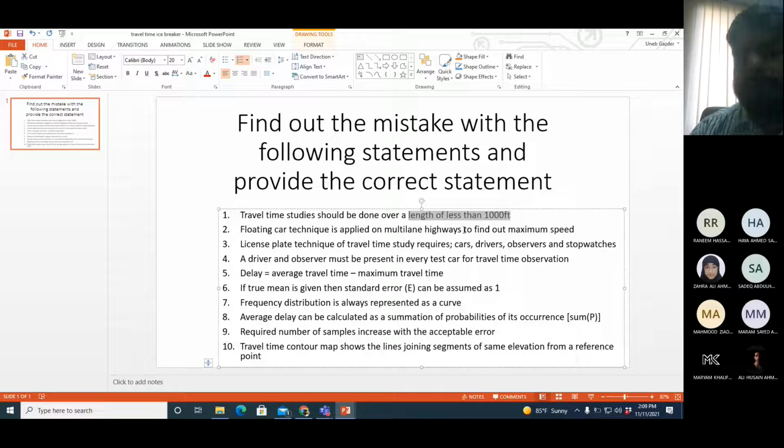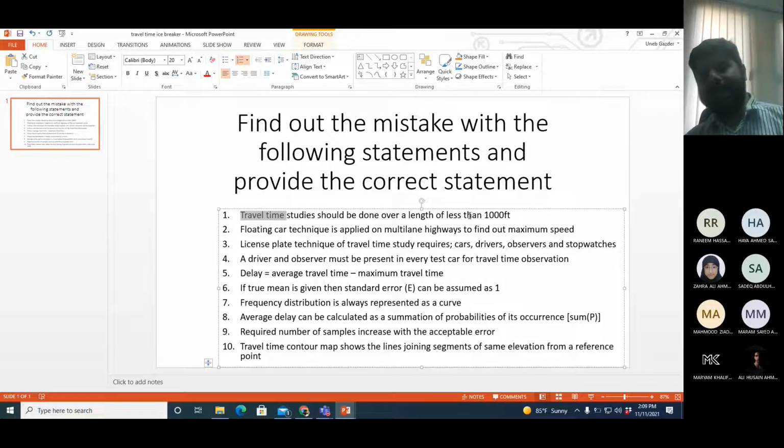There's another correction you can make: keep the statement as it is, and instead of travel time, you write spot speed. Spot speed studies should be done over a length of less than 1000 feet, this is also correct. So either replace the end or replace the start, you will get the correct statement.